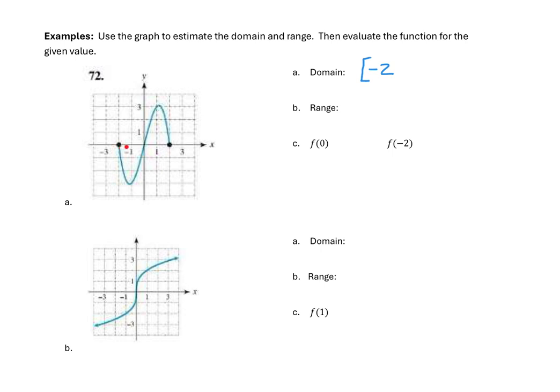Every time that we move here, we are on the graph. Again, we don't care what the y's do, but we want to come over to this far right point. This far right point has an x-coordinate of positive 2. It's also included, it's a solid circle, and so we do want a square bracket.